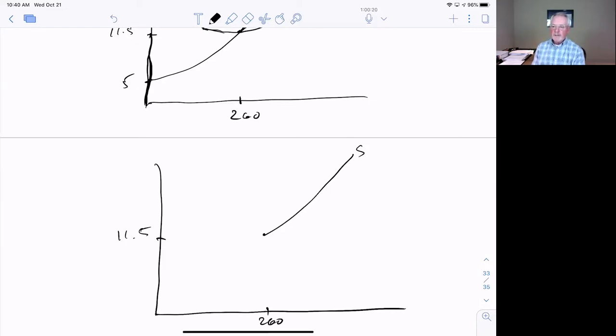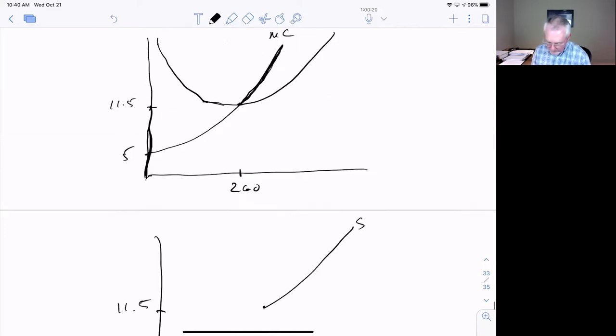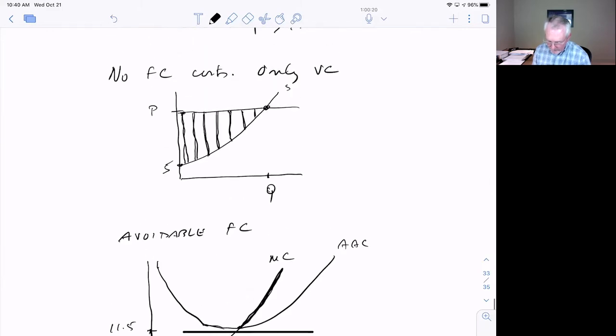Now, how am I going to find the avoidable cost in this particular case? Like I did before, I figured out the area between the price and the marginal cost line, because it was this area down here that qualified as total variable cost.